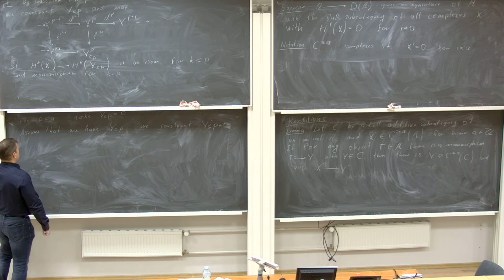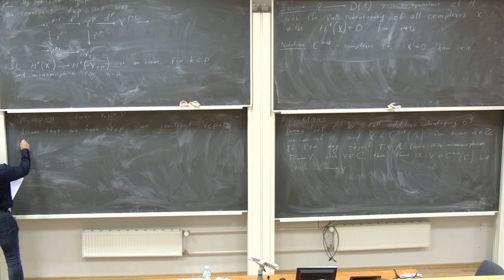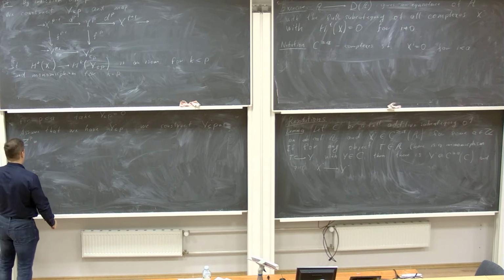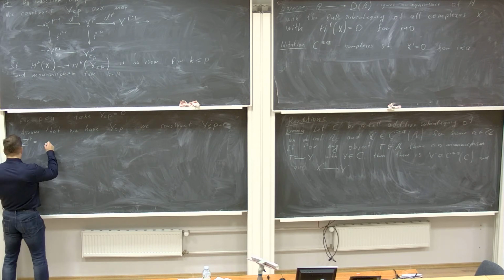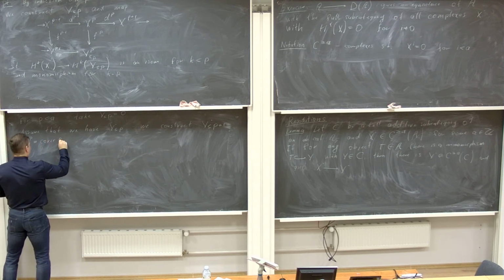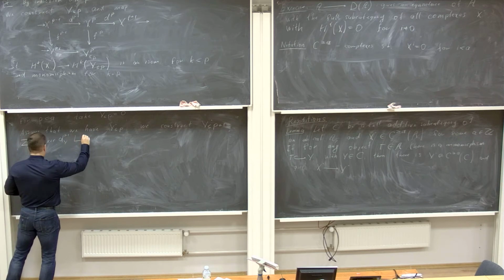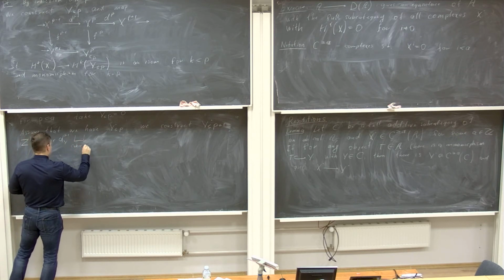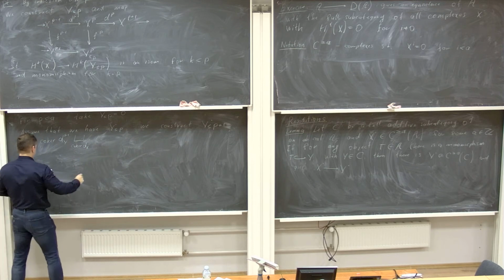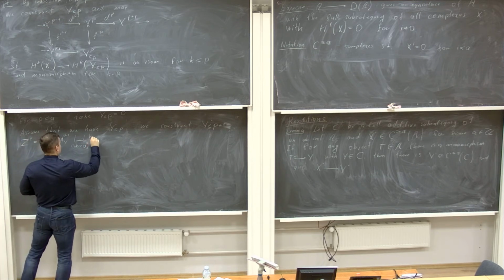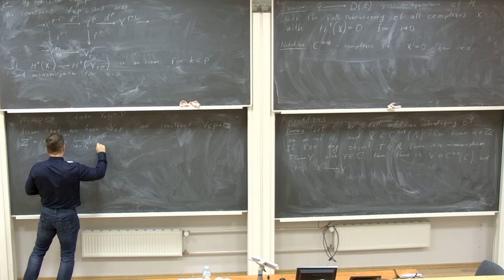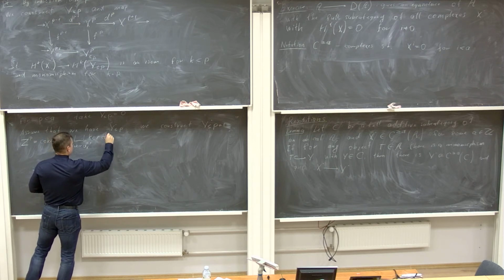Okay, so maybe I start with the definitions. So I want to introduce some Z_p. So this is the fibered coproduct of the cokernel of the differential for the complex y with the index p minus 1 over the cokernel of the differential for the complex x with index p minus 1, and the second factor in this fibered product is the kernel of d_{p+1} of x.